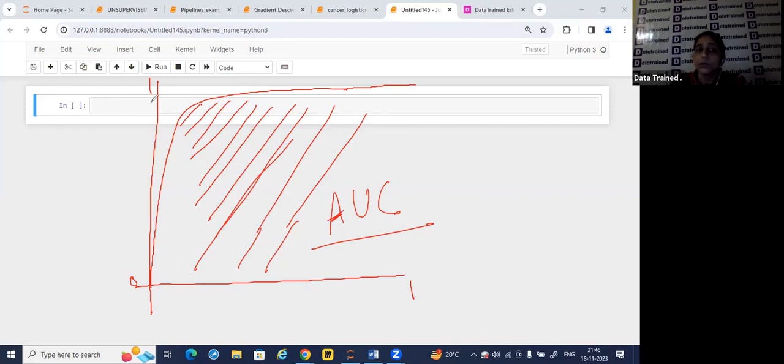Right. So in this case, if our curve goes this way, I'll say 0.8. It means 80% of the model performance is coming up. It means the accuracy is going up to nearby 80%. If my curve goes a little below, suppose my curve goes here, it means the area covered is less.